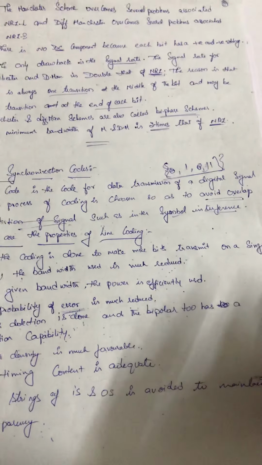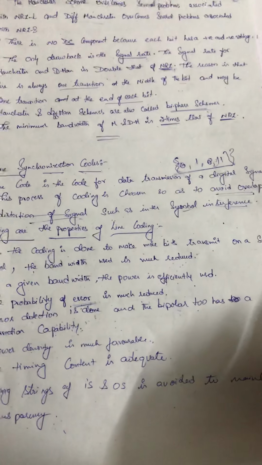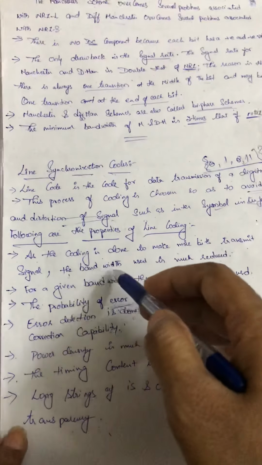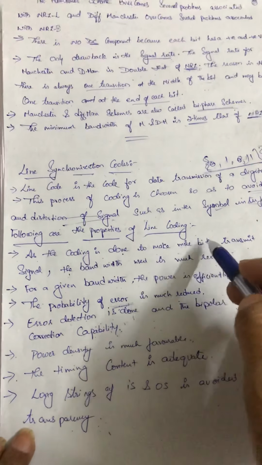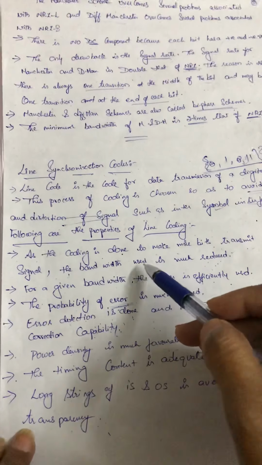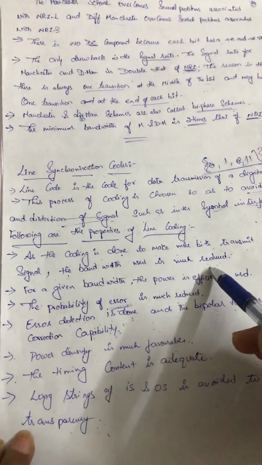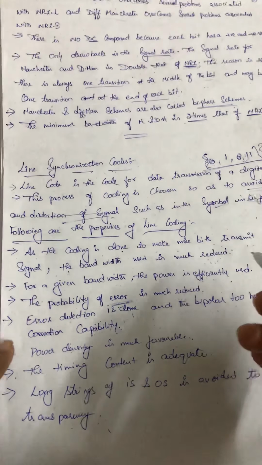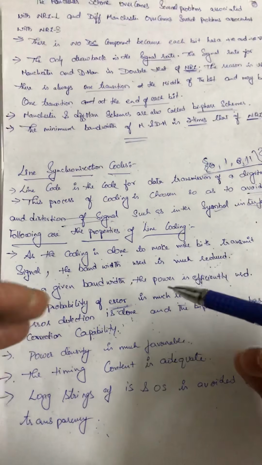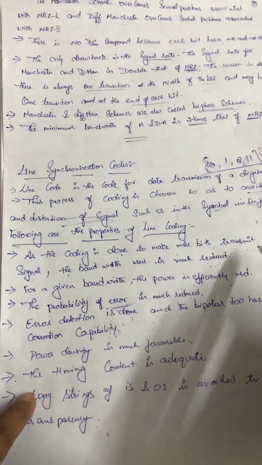Now let us see what the properties of line coding are. First, the coding is done to make more bits transmit on a single signal, and the bandwidth used is much reduced. That means in a single signal more bits, that is more zeros and ones, can be transmitted.